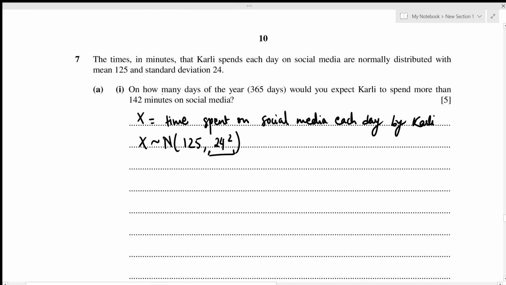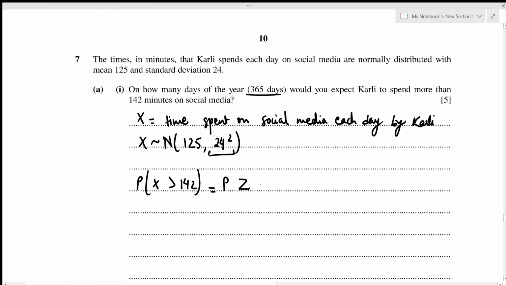Alright, for the first question, on how many days of the year? So the total days or the total sample is going to be 365. Would you expect Carly to spend more than 142 minutes on social media? For this, we first need to figure out the probability that Carly spends more than 142 minutes on social media. And since we know that X follows a normal distribution, the first step would be to standardize.